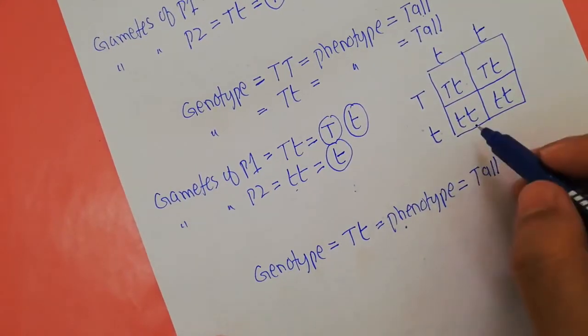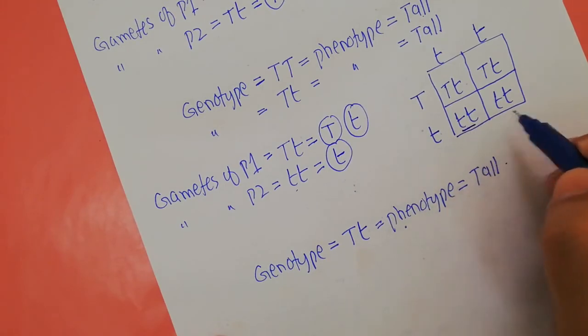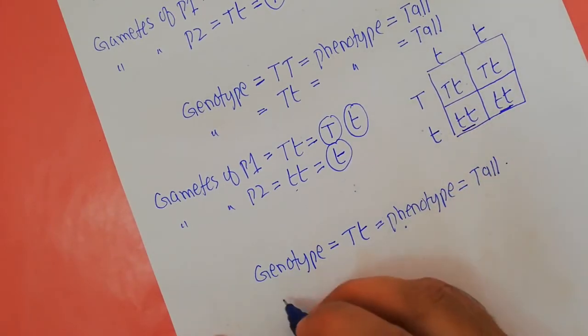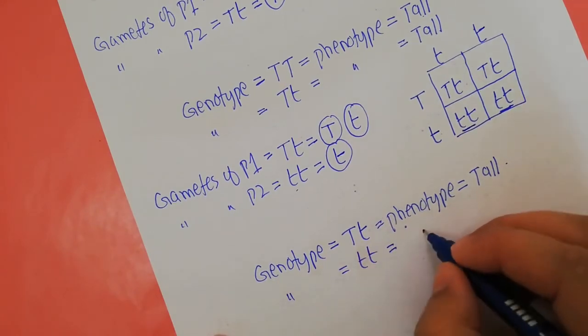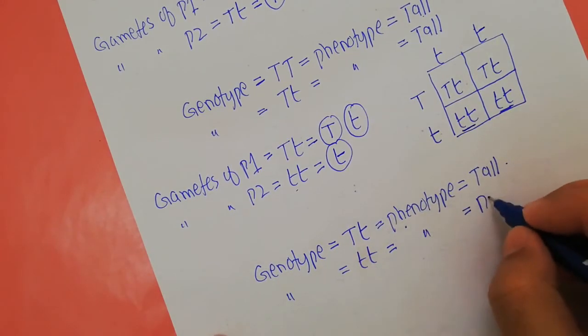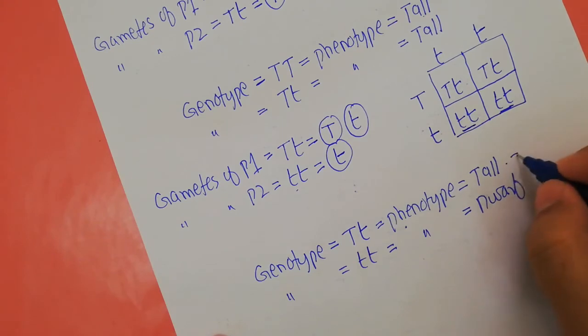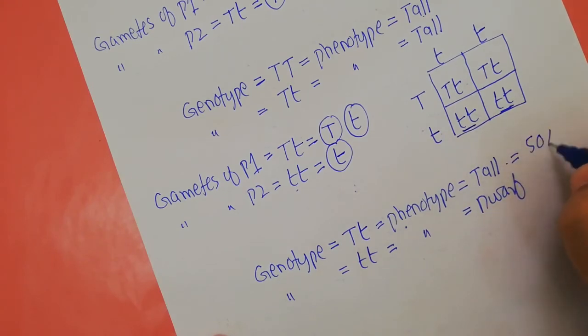If you talk about these two, the small t and the small t, the genotype is small t and small t, and the phenotype is going to be dwarf in nature. So you are actually getting 50% tall and 50% dwarf from these parents.